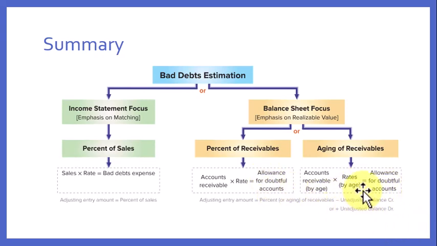Okay, so just as an easy example, let's say that we compute that our allowance for doubtful accounts should be $800. And let's say that we look in our general ledger and we see that the account currently has a balance of $500. Then our journal entry would be for $300, because if we are sitting at 500 and we need to get to 800, 300 is what it takes to get there.